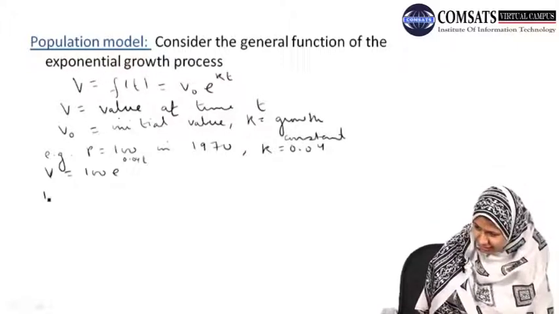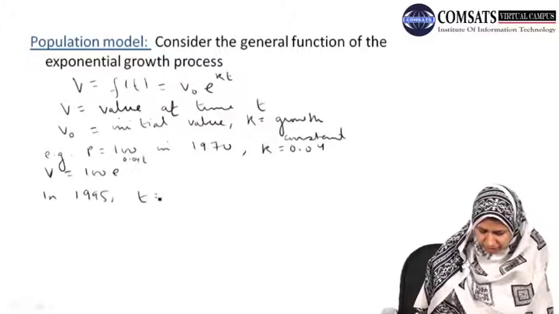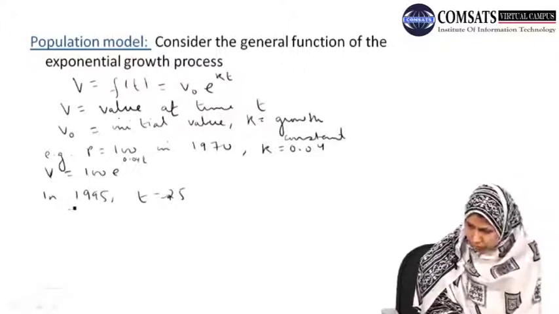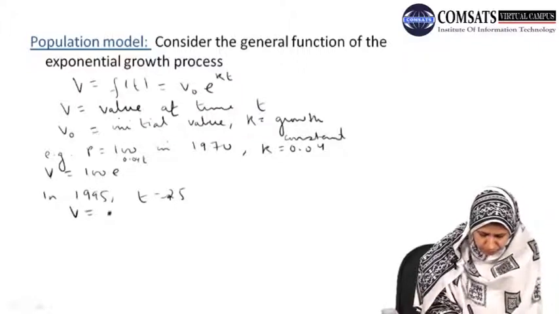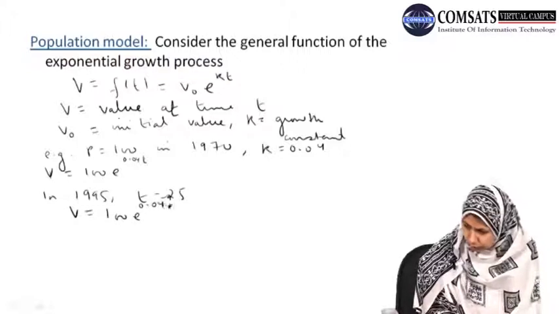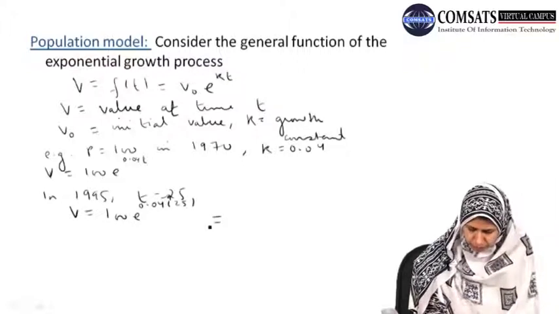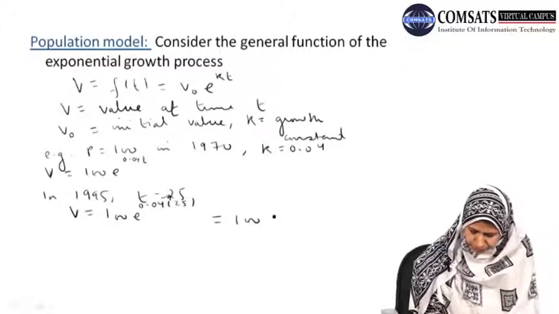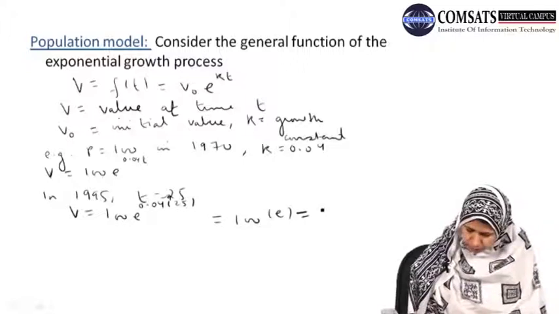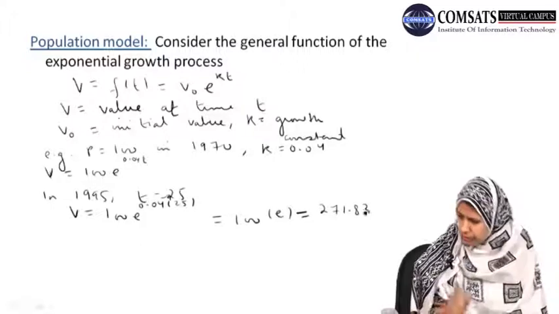Now in 1995, t is equal to 25, then our population model will be V equals 100 e to the power 0.04 into 25, which is equal to 100 into e, which is equal to 271.83.